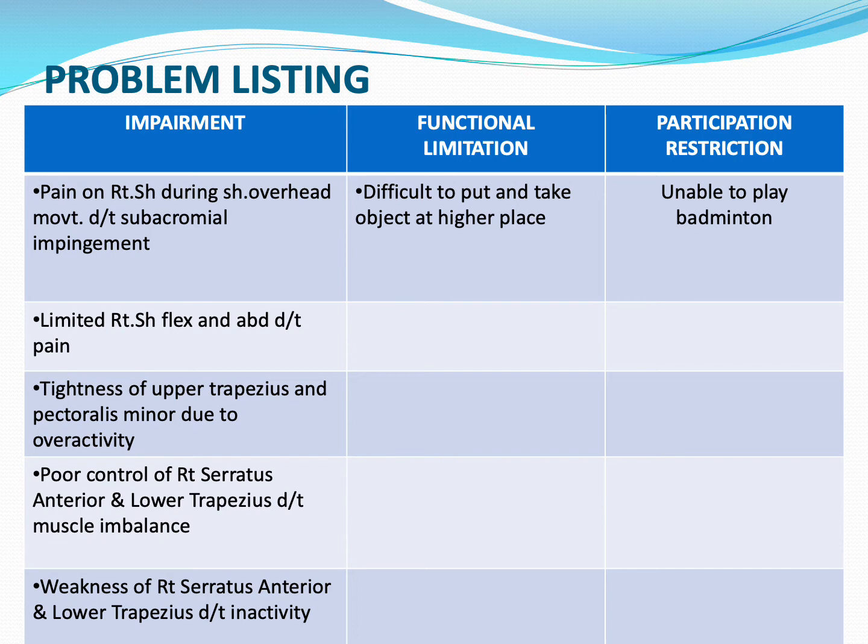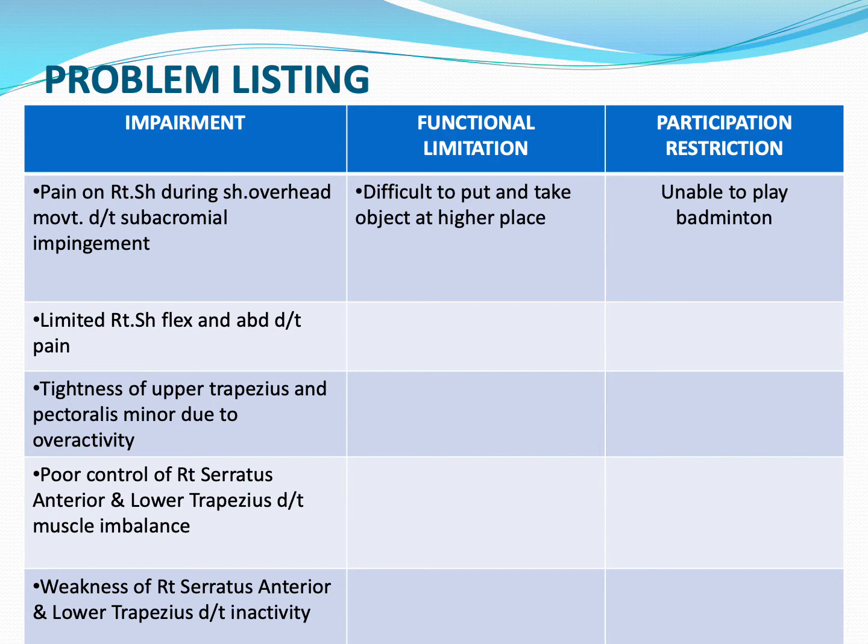The fourth one is poor control of right serratus anterior and lower trapezius due to muscle imbalance. The last one, this patient has weakness of right serratus anterior and lower trapezius due to inactivity.